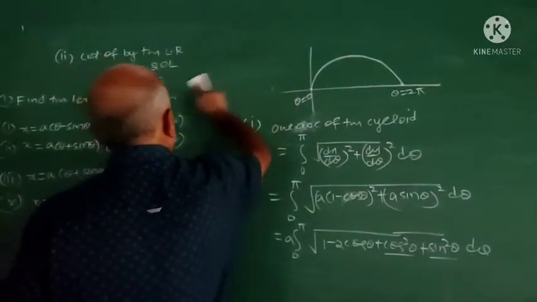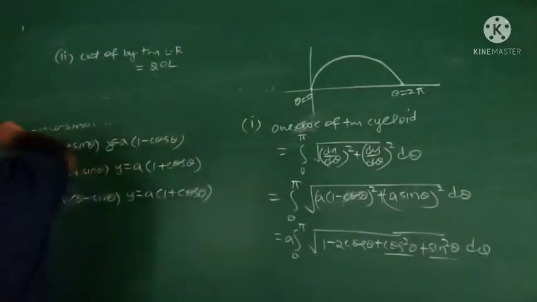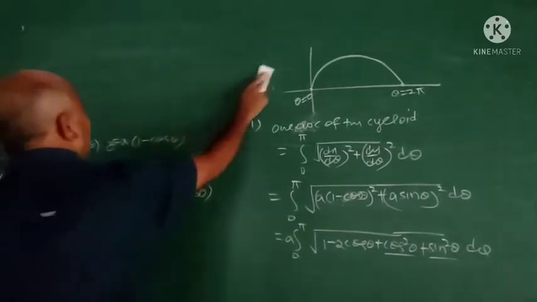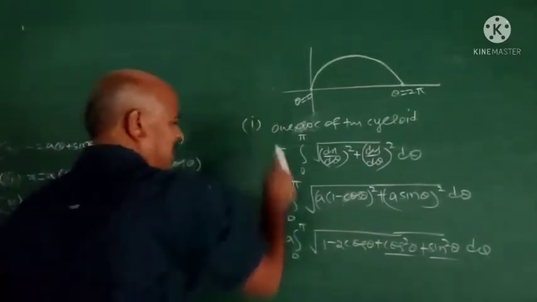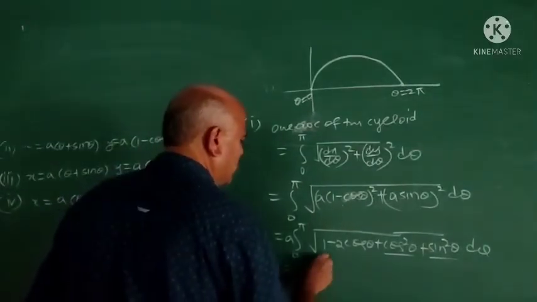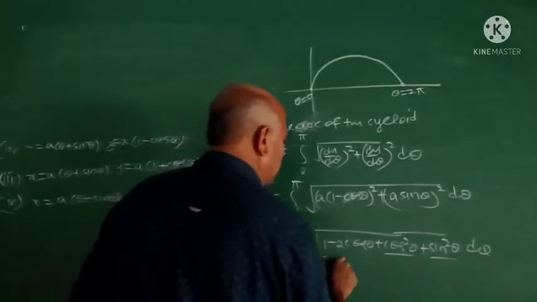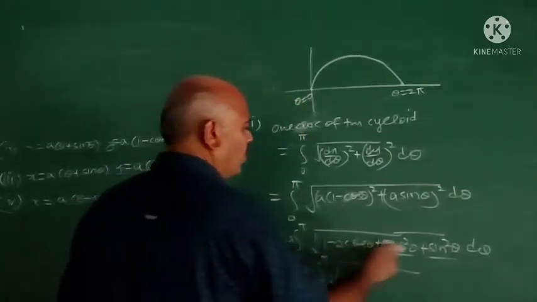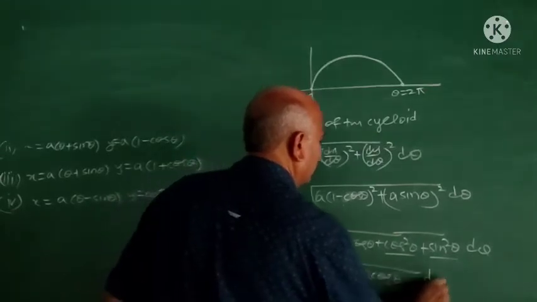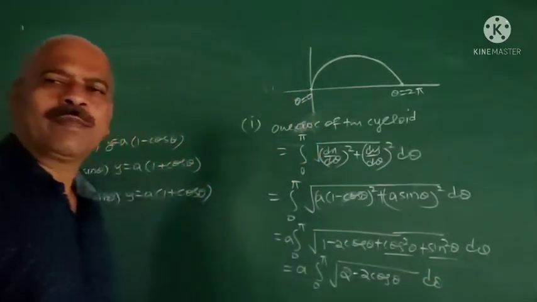So simplify this. If you know the limits and formula, the next thing is only integration. That is easy, because you have already practiced this. 0 to pi, 1 plus 1, 2 minus 2 cos theta, with respect to theta. Cos square plus sin square is 1.